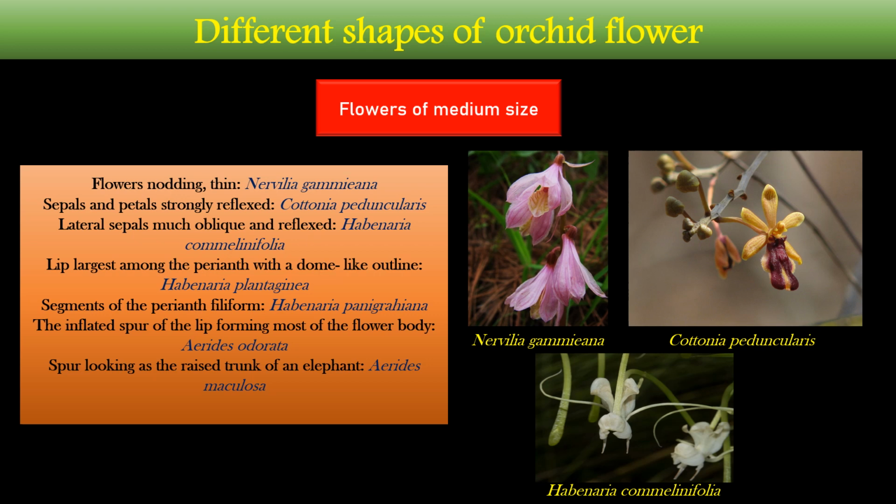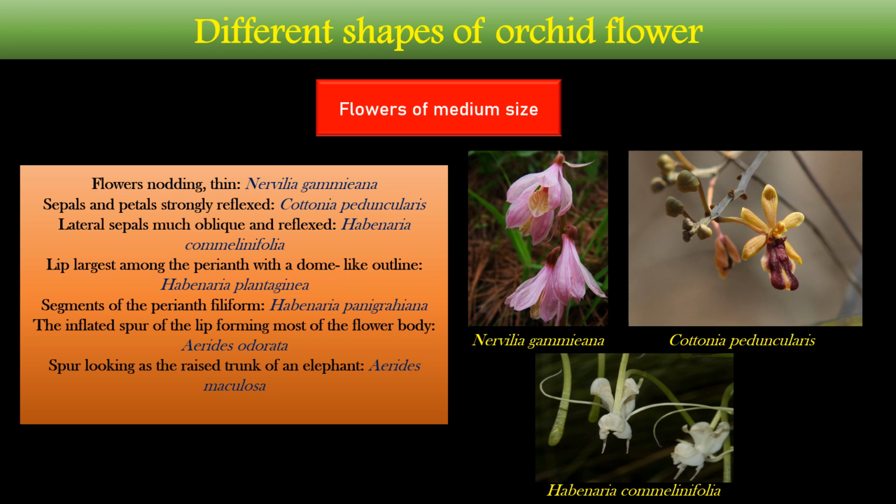Then comes the lateral sepals much oblong, oblique and reflexed. For that, it has a very prominent modification of the lip, sepals, petals and the spur part, that is Habenaria commelinifolia. You will mostly see this orchid in rice field areas.